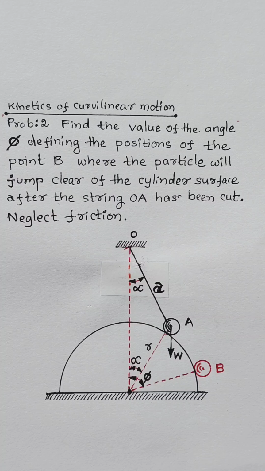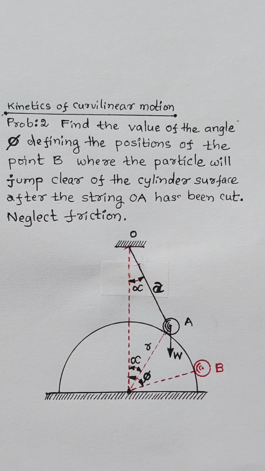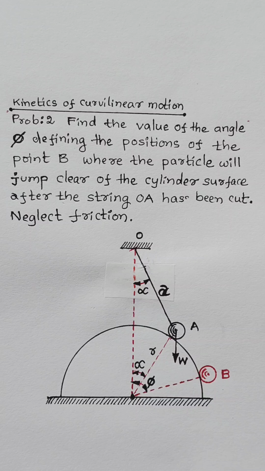While the particle is moving from A to B in a curvilinear path, we have to estimate the potential energy and kinetic energy of the moving particle at A position and also at B position.